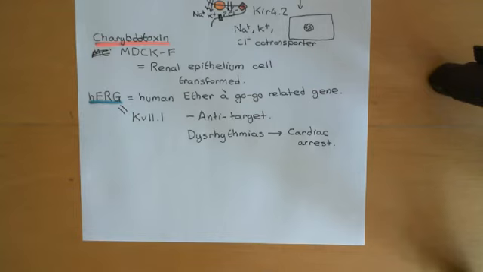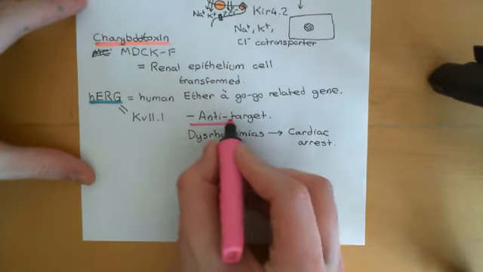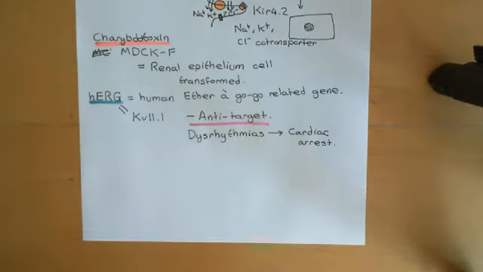It's a renowned anti-target in pharmacology. In fact, I think every drug is now checked very early on in the drug discovery process to make sure that it does not block the human ether-a-go-go related gene potassium channel. So that's where it's usually important.